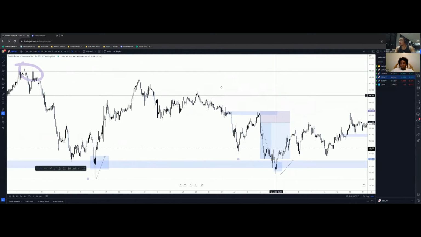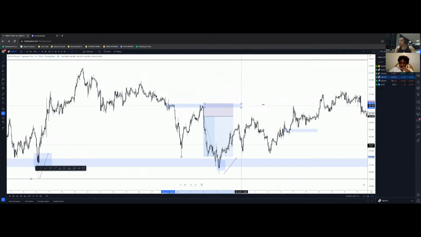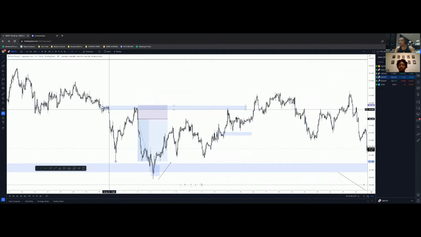All right. Now going back to the supply zone again, right? You can see that there is consistency in locating where order blocks take place. Now sometimes price will go above that, but at the end of the day, if you wait for a break and retest, then you reduce your chances of going in the wrong direction.